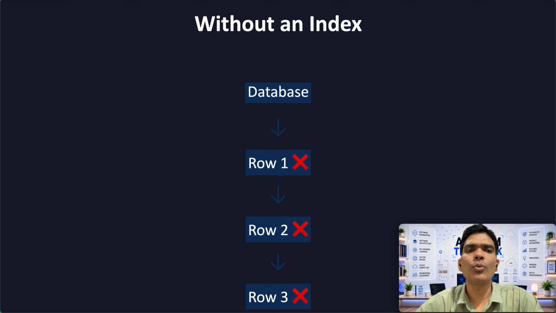So let's talk about what happens without an index. Without an appropriate index, the database may need to examine a large number of rows to find the data. Think about looking for a name in a book that has no index or a table of contents.